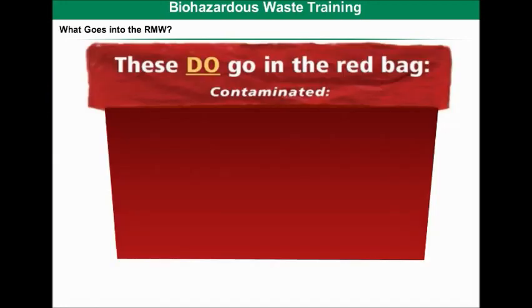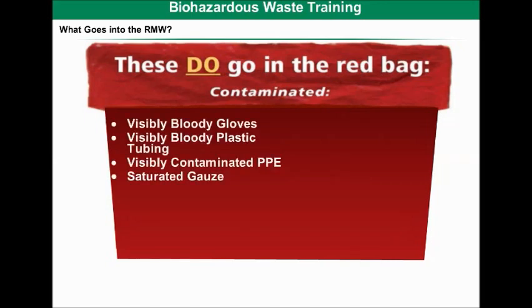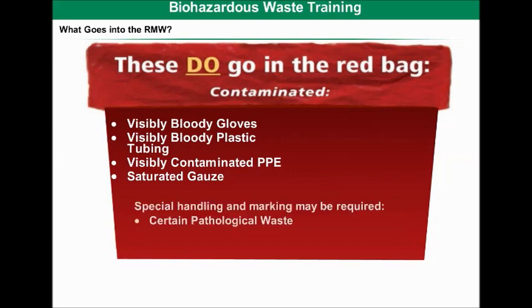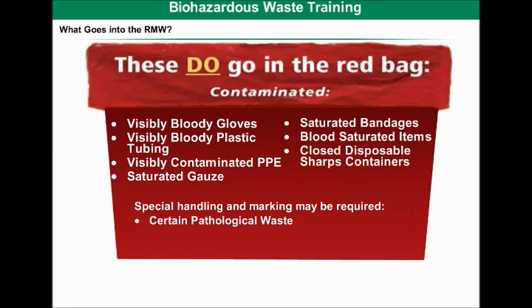The following are required to go into a regulated medical waste red bag: visibly bloody gloves, visibly bloody plastic tubing, visibly contaminated PPE, saturated gauze, saturated bandages, blood-saturated items, closed disposable sharps containers.